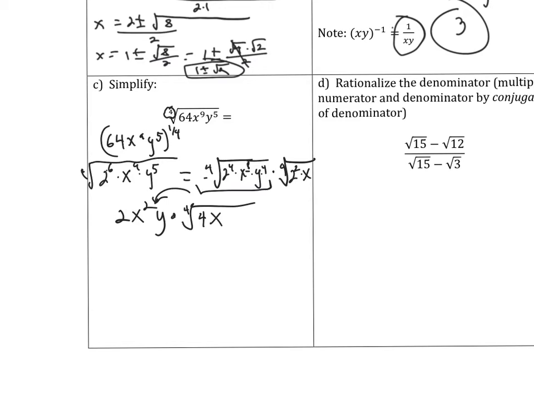Now, if we have something like, let's say, 27x to the 5th y to the cube.